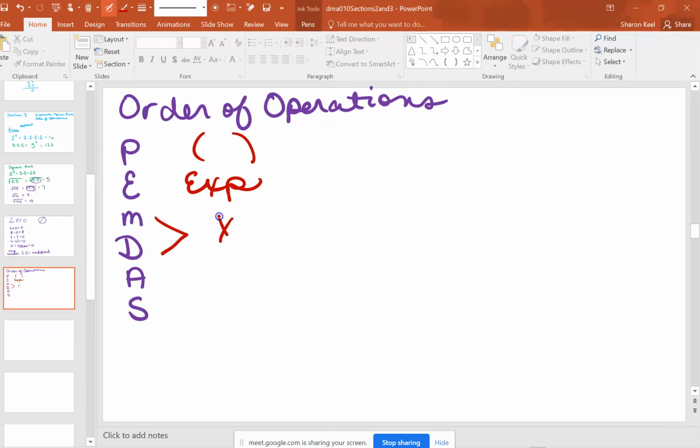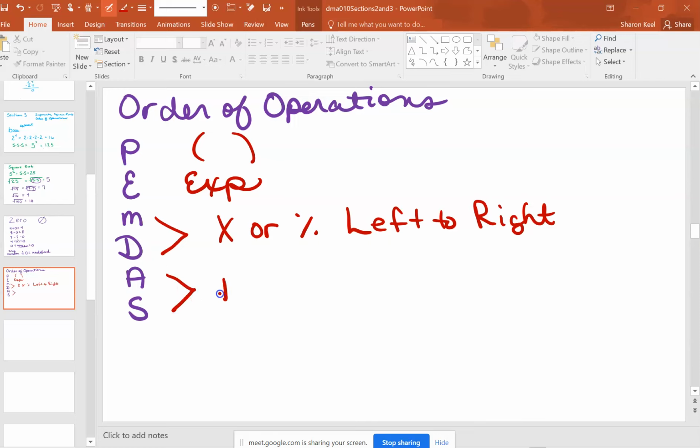It means multiply or divide working from the left to the right, whichever one you get to first. If a division is further left than the multiplication, that's what's done first, reading it left to right.